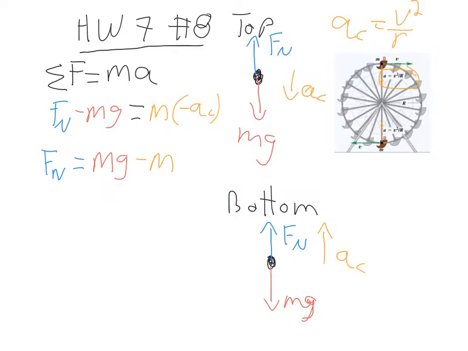We're given the speed, the radius, and the mass in this problem. So the normal force would be mg minus mv squared over r. We know all of these variables, m, g, m, v, and r, so we can solve. That's what you would want to do for part A.